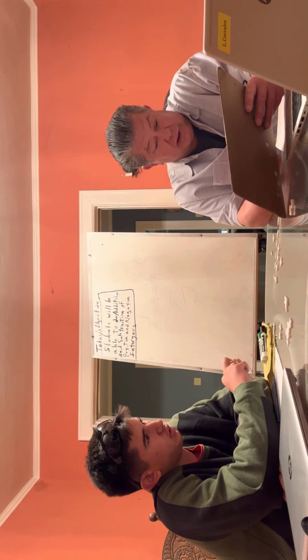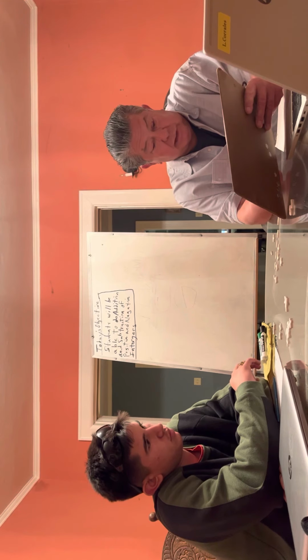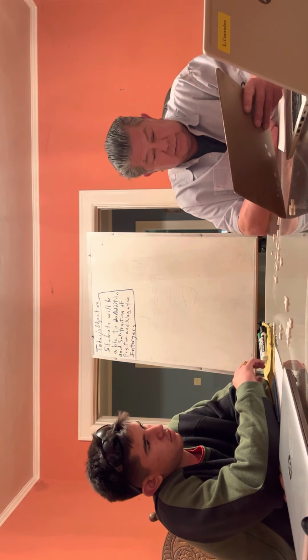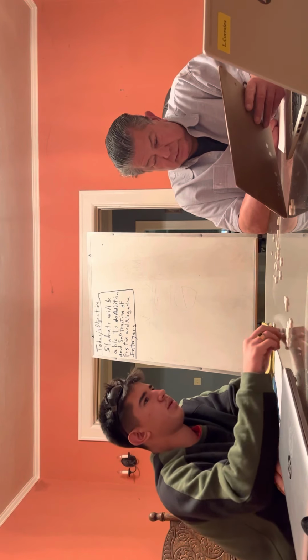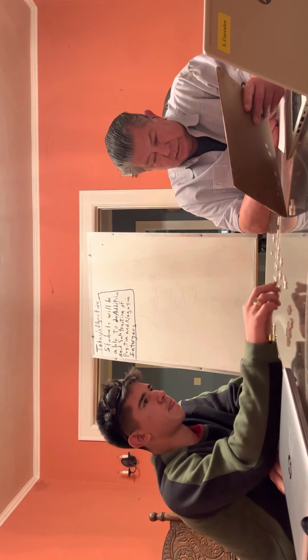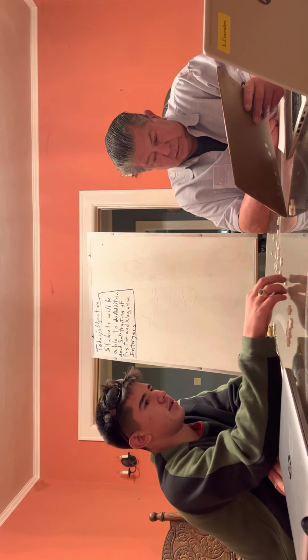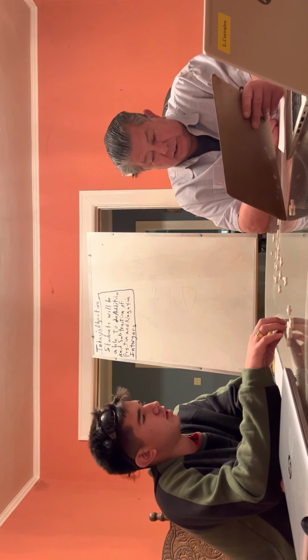Let's say you're subtracting 3 minus 1. How would you do that one? So we would have 3 positives and then 1 negative. And then we're removing, you're going to subtract, right? Yes, Mr. Carlson.